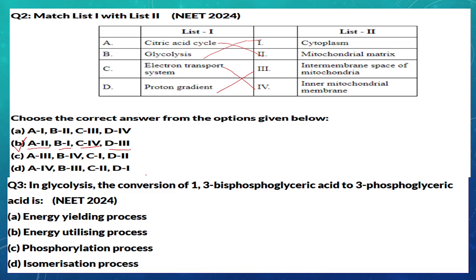Next question. In glycolysis, the conversion of 1,3-bisphosphoglyceric acid to 3-phosphoglyceric acid, it is which type of process?